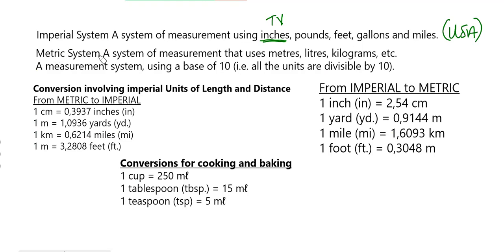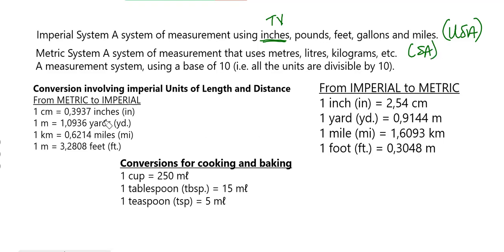Then we have the metric system, a system of measurement that uses meters, liters, kgs, and so on. These are the ones that we use here in South Africa, and in Africa as a whole.